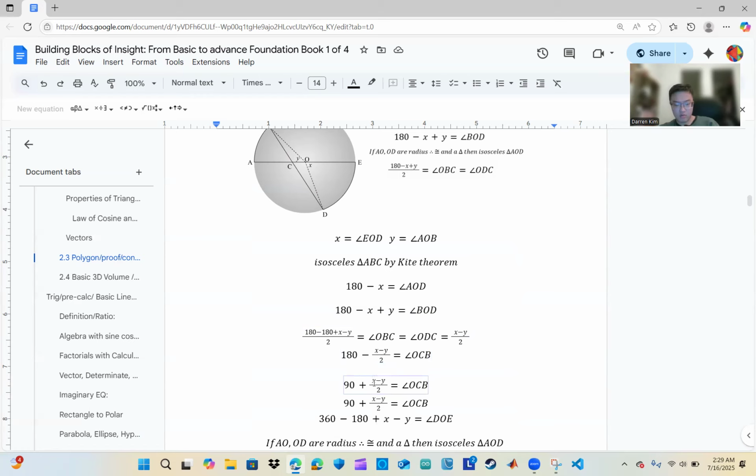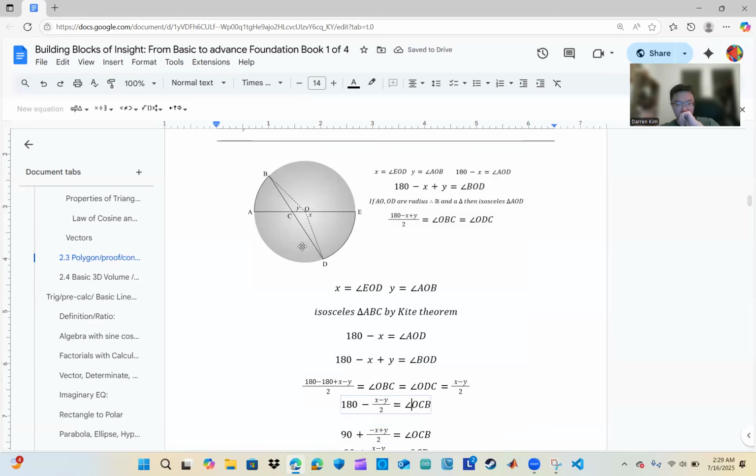So we have minus plus. What's OCB? OCB, which is 180 minus this. Here's a mistake. So 180 is total. We minus that, but also minus y again.